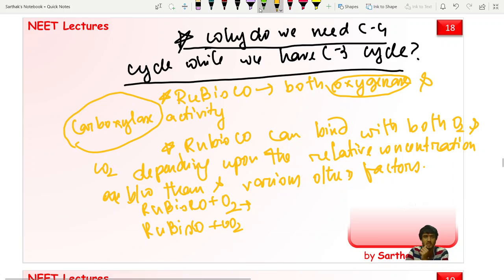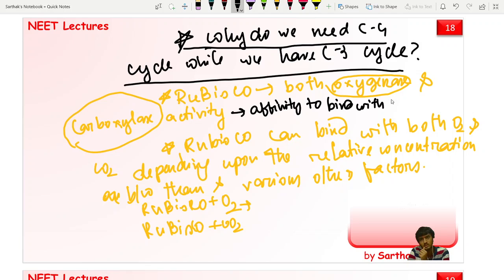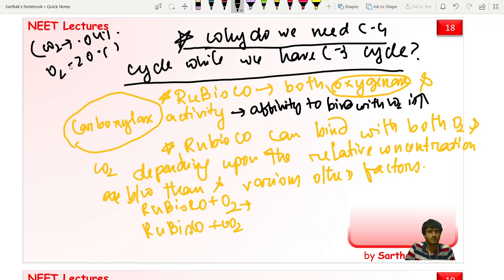But you have to remember the affinity to bind with CO2 is more. Why? Because the relative abundance of CO2 in the atmosphere is 0.04% and O2 is about 20%. So O2 is present in much more amount than CO2 in the atmosphere.